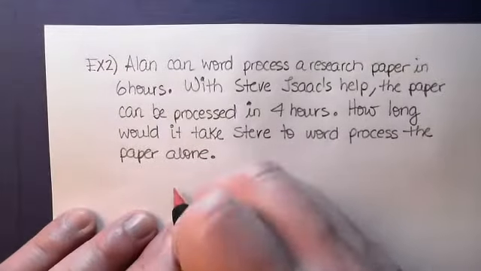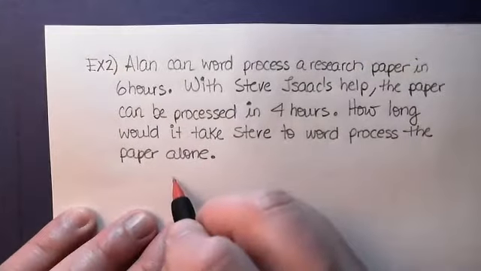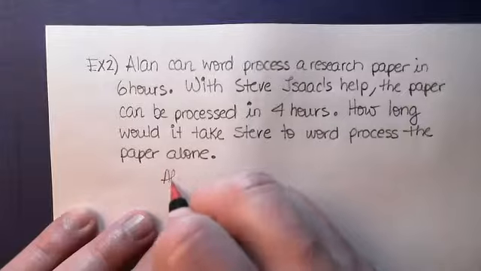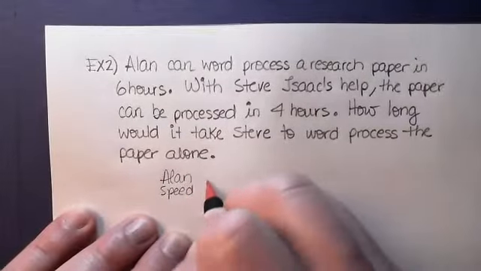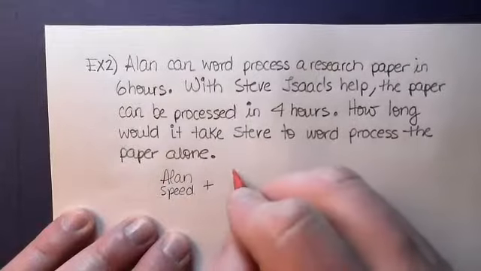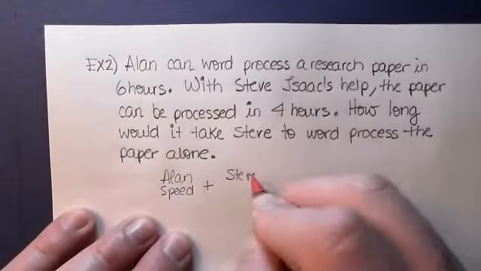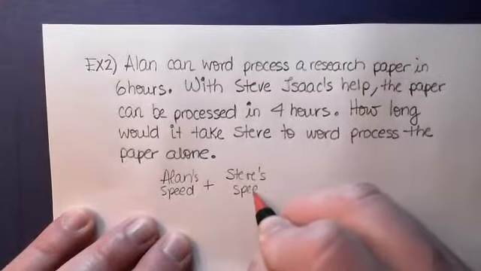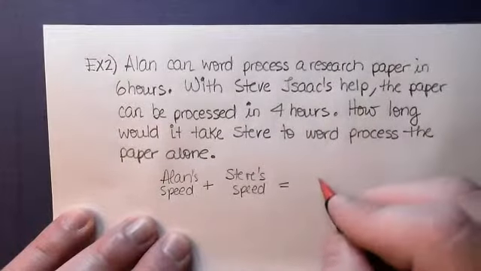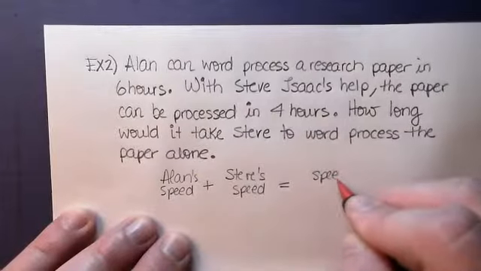So a similar problem to the one before. We have Alan's speed to complete a job, and we have Steve's speed completing the same job, and we have the speed together.